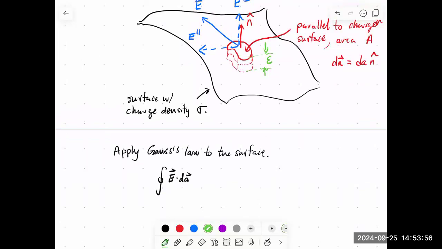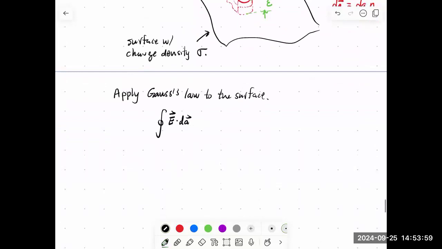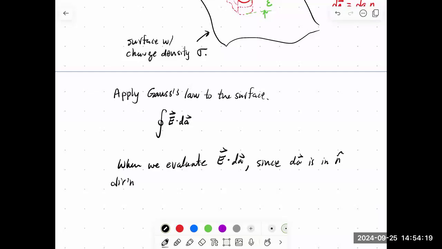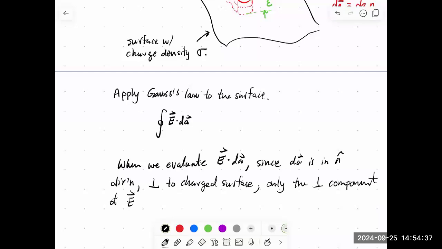Okay, good. So when we evaluate this E dot dA, since dA is in the n hat direction, which is perpendicular to the charged surface, only the perpendicular component of E survives.